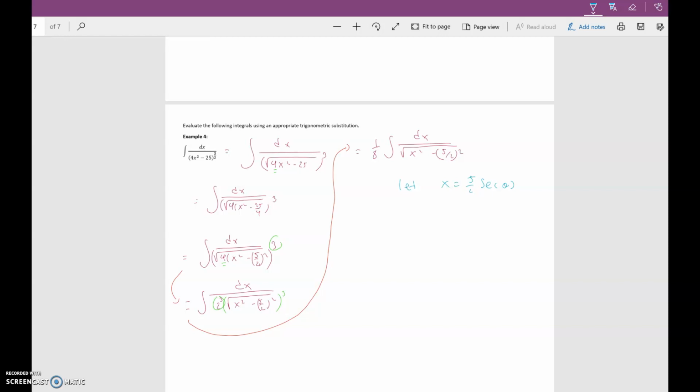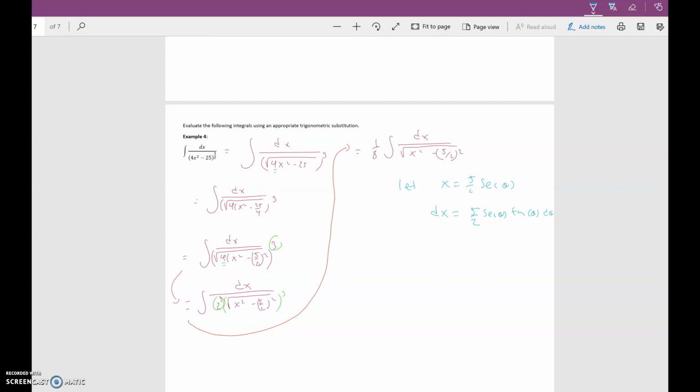Okay, and at this point, let me take the derivative. So dx is equal to 5/2, well, the derivative of secant is secant tangent. So this will be secant of theta, tangent of theta, d theta.